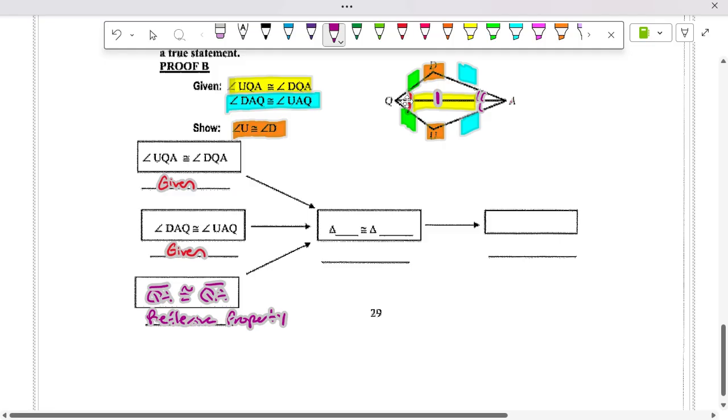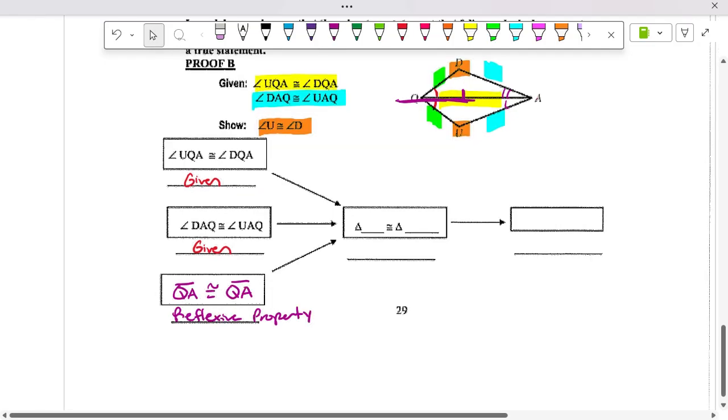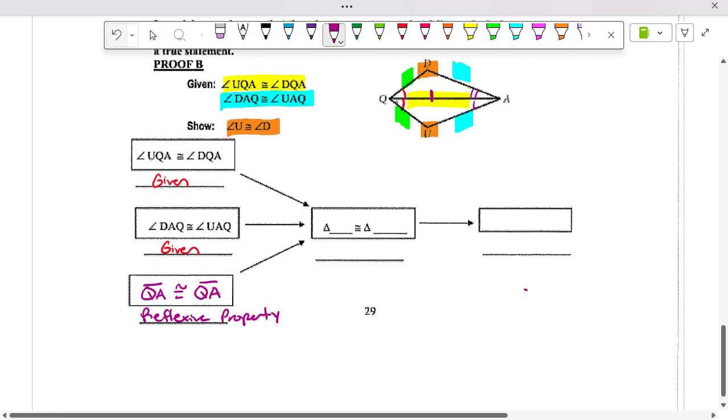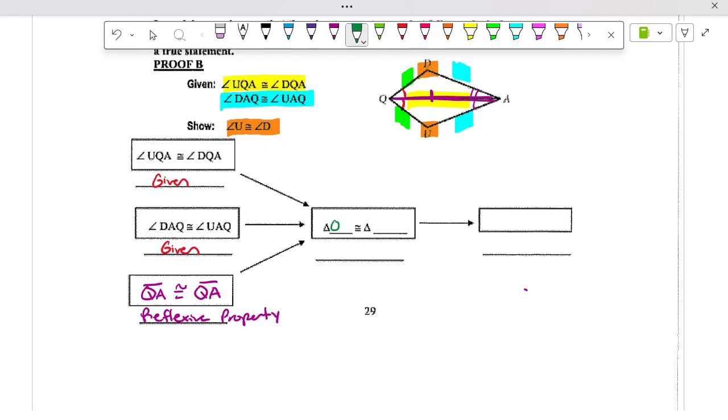Don't both these triangles share this side? Both these triangles share this side. So now I've got enough to say that triangle QDA is congruent to QUA. Why? What postulate? I've got two angles and a side, and the side's in between the two angles. So what postulate?